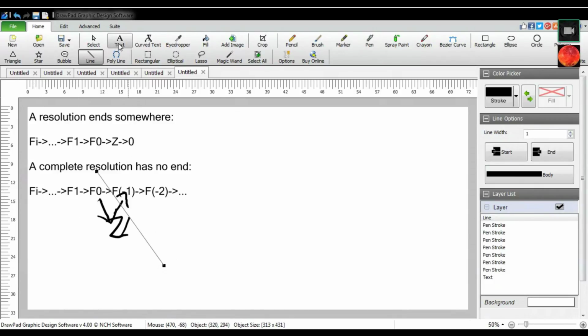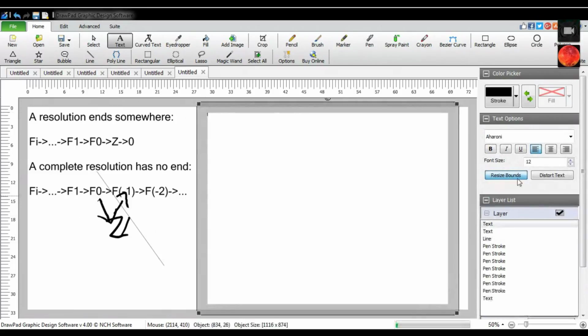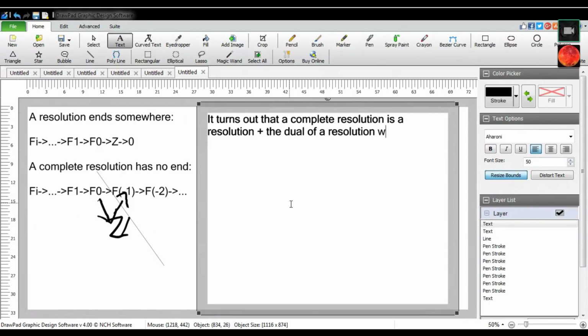So as it turns out, the complete resolution is a resolution plus the dual of a resolution with an index shift.